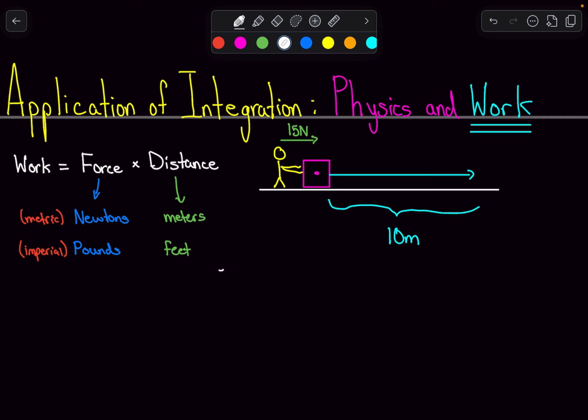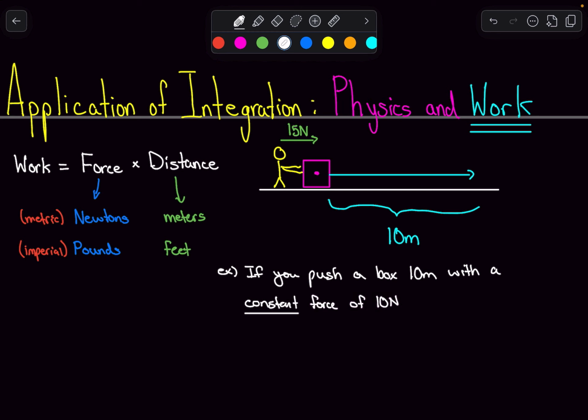The question might read, for example, if you push a box 10 meters with a constant, and I'm going to underline this because this is going to be interesting to us later, with a constant force of, not 10 newtons, we said 15 for this example, 15 newtons. How much work is done on the box?